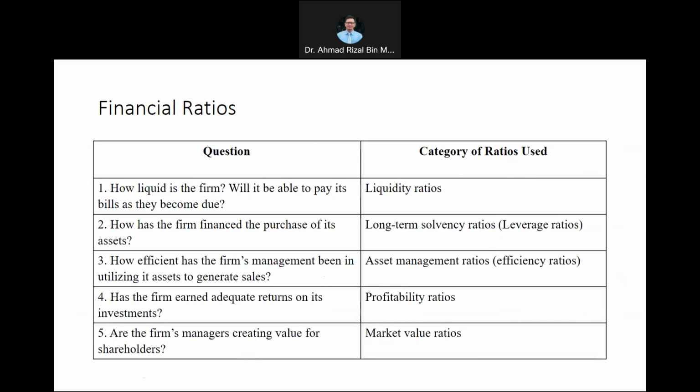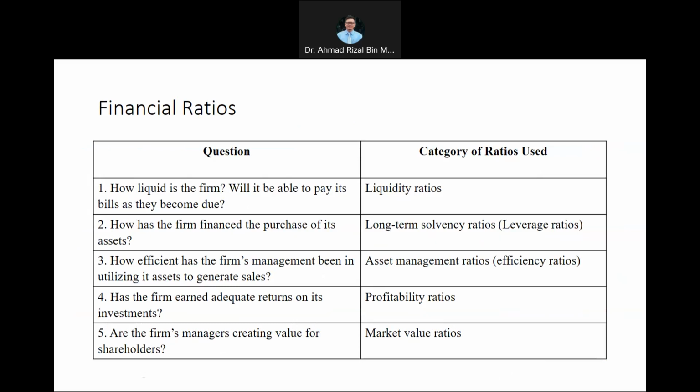The question is, will it be able to pay its current commitments, bills, as they become due? And more importantly, if somehow you have to pay earlier than when it is actually due, do you have the capability to pay them? So that is measured by liquidity ratios.